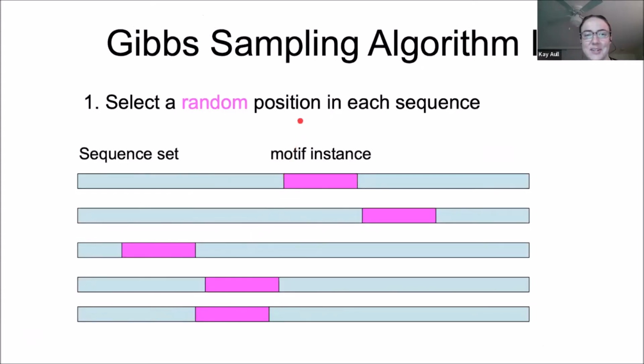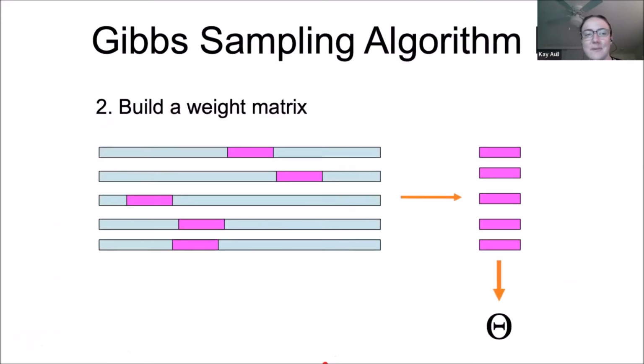You have your random position. This is done by chance, but this is presumably something that you got out of a SELEX or an enrichment experiment. So you know somewhere in here, there's probably a motif. You build your initial weight matrix based on assuming that these things are the motif, are the binding site.